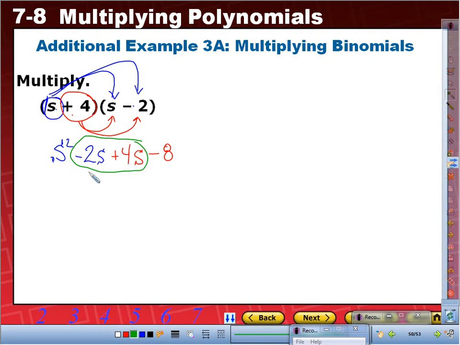So I focus on the coefficients. What is negative 2 plus 4? Positive 2, is that correct? And they both had an s, so it's 2s. What was on my first term? S squared. And what was my last term? Negative 8, and we're done. Copy that, please.